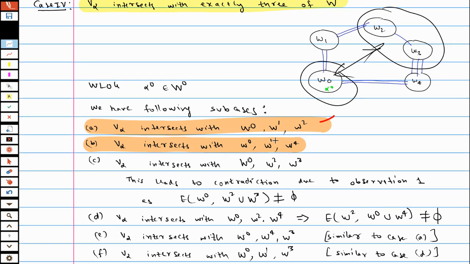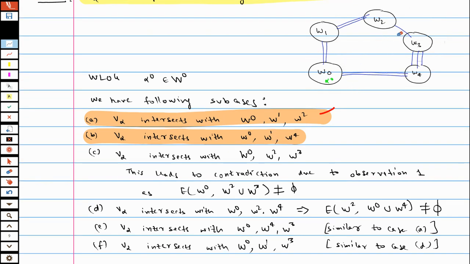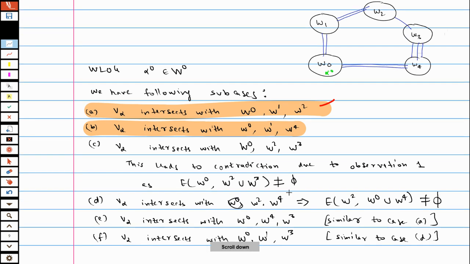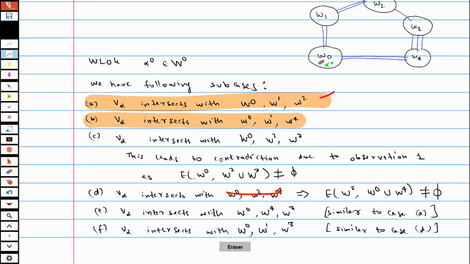The next case is when V alpha intersects W0, W2, and W4. By the same argument, it is again a partition of these two vertices and this one.